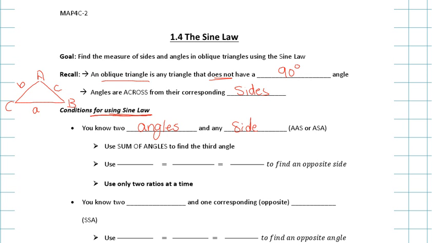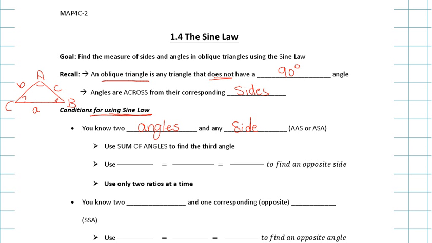You know two angles and you want to find the third one. What do you do? 180 take away the other two, right? Remember that if you know two angles and you want to find the third one, you just do 180 minus the other two.